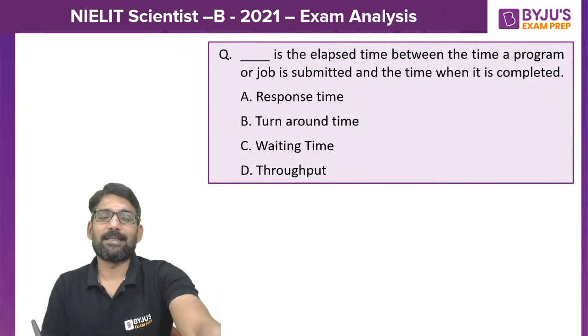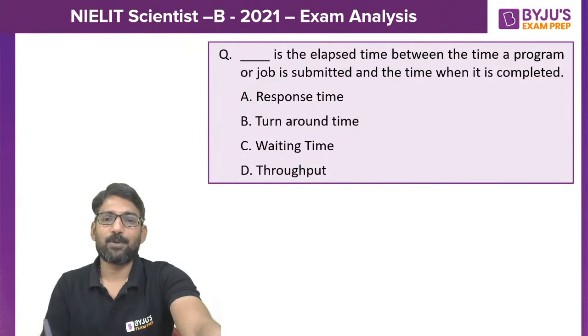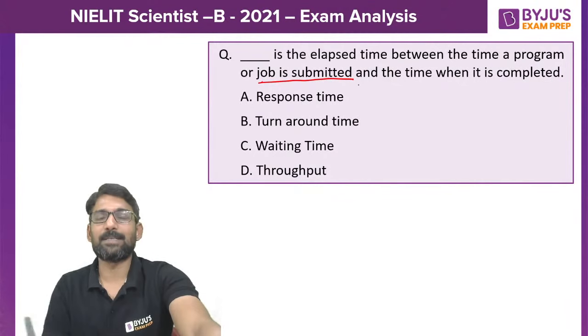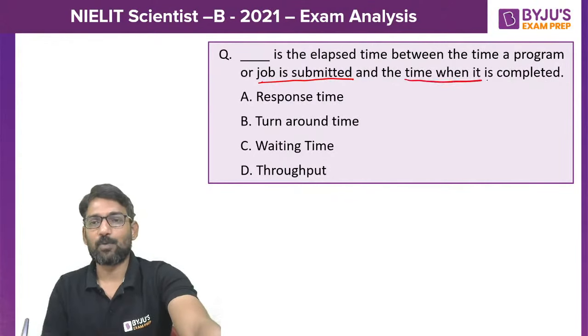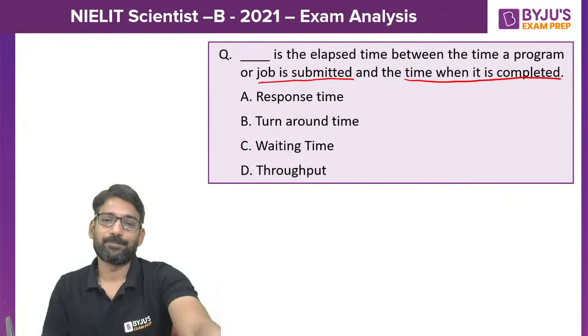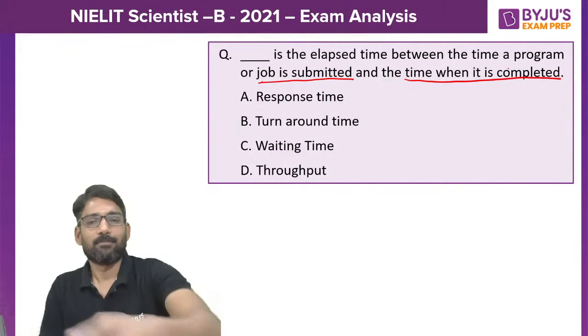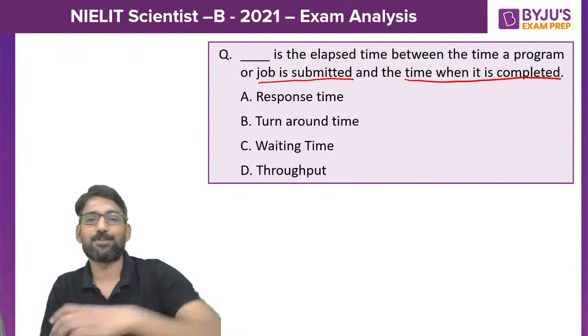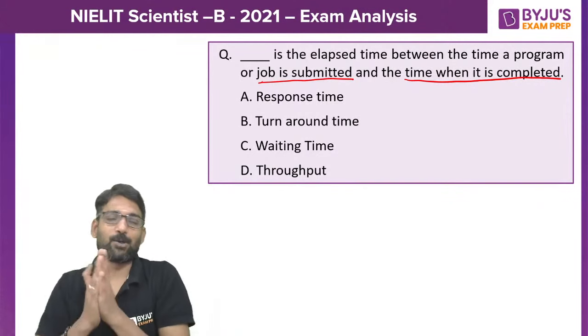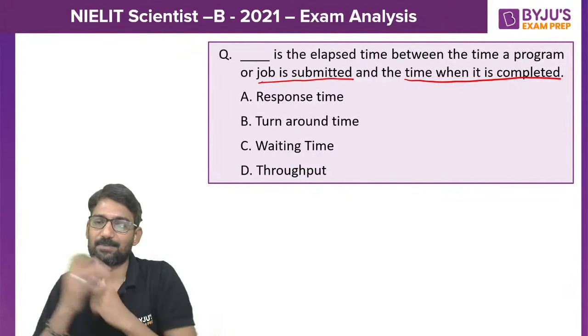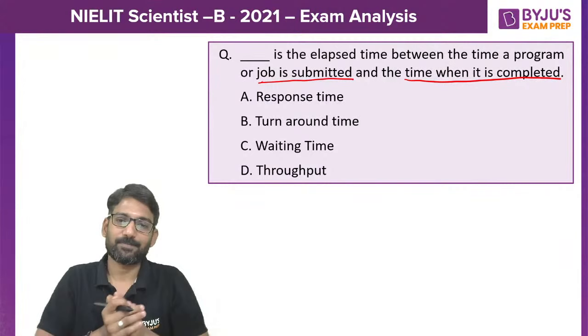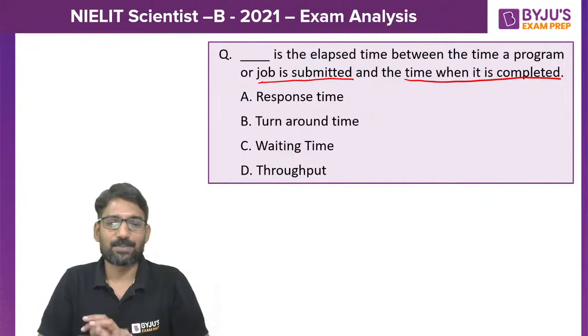Dash is the elapsed time between the time a program or job is submitted and the time when it is completed. So the time from submission to completion, what do we call it? It is the operating system's subject question from CPU scheduling.